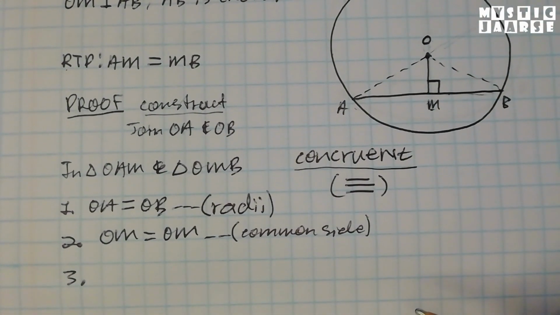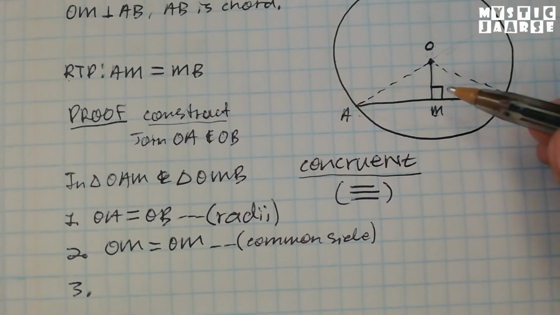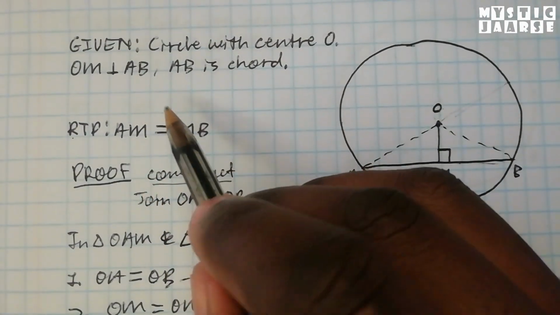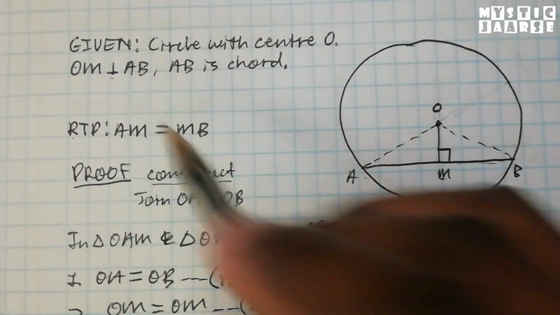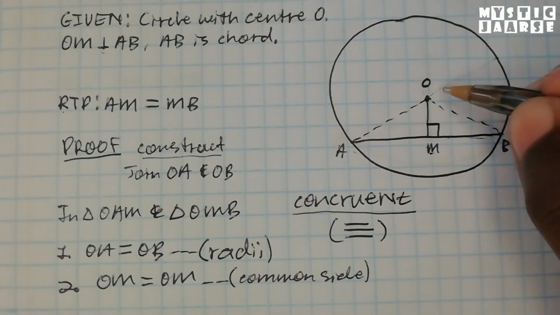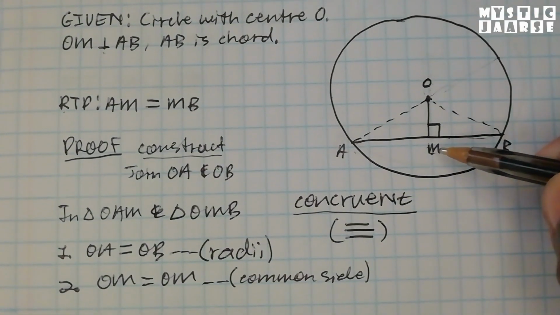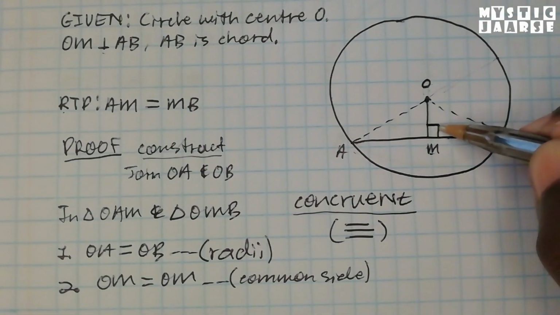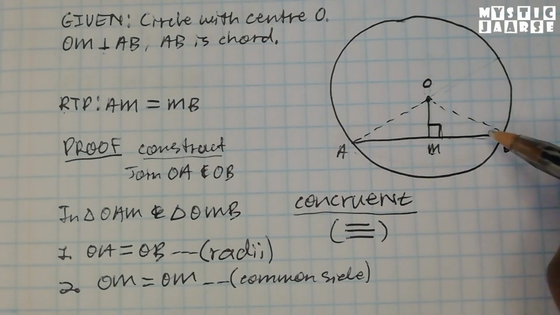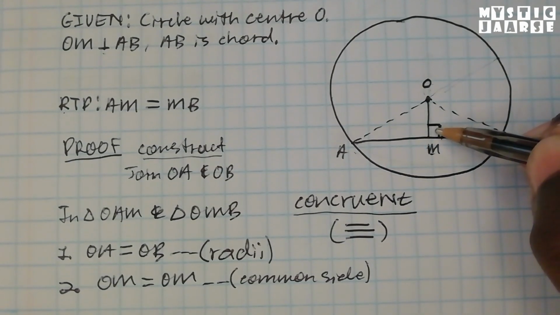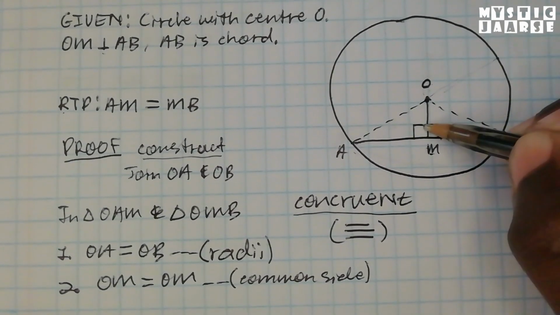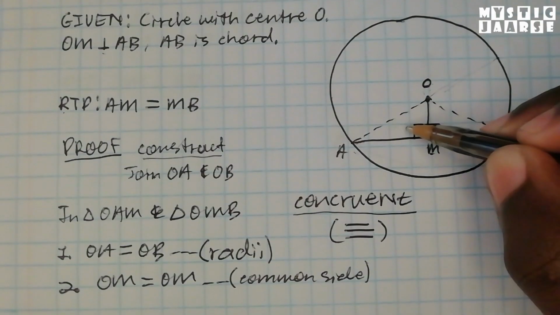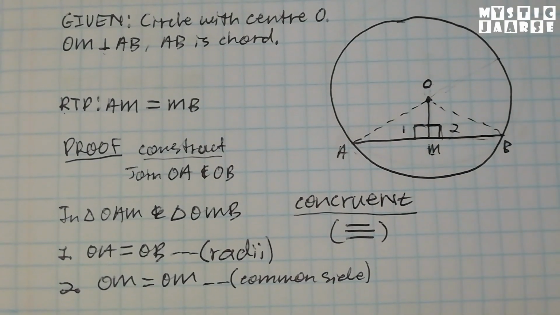So the third reason is, since they gave us that OM is perpendicular to AB, it means that angle OMB is 90 degrees, right? And this is a straight line. So if it is 90 on this side, then this angle is also 90 degrees. So let's say this is M1 and this is M2.